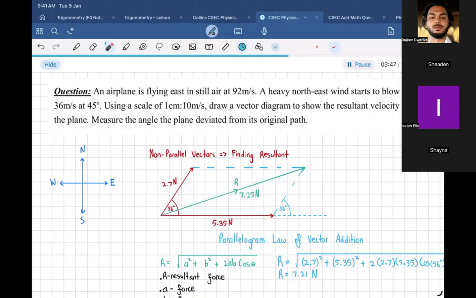What would be the length for that line going in the east direction, if they're saying 1 centimeter to 10 meters per second? 9.2. And the other one going northeast would be 36 meters per second at 45 degrees. The length for that would be 3.6.